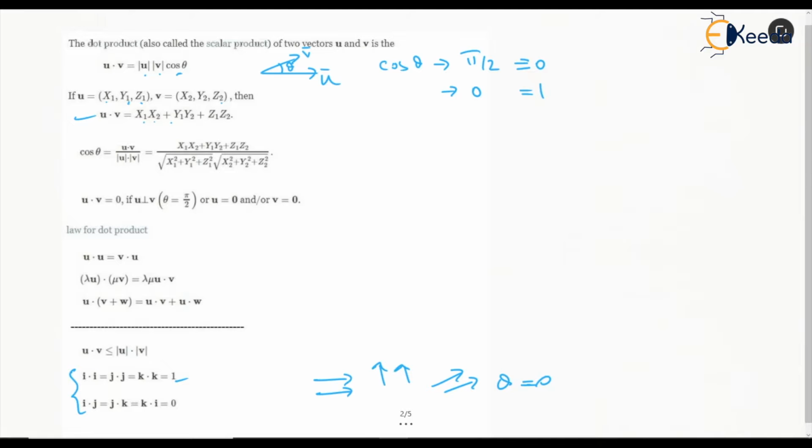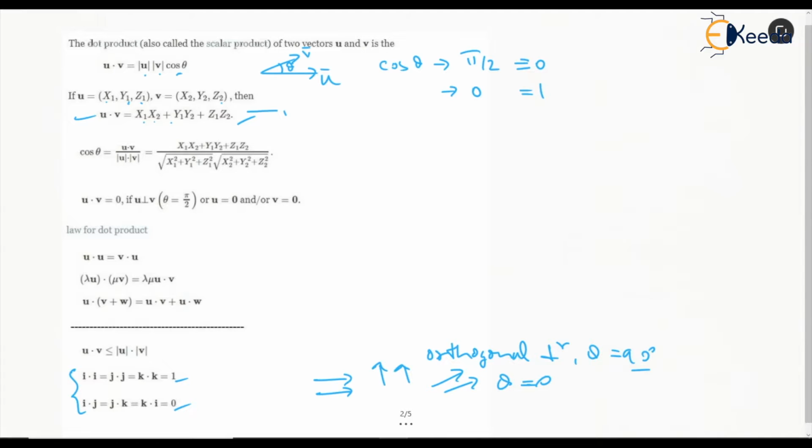Whereas i dot j, j dot k, k dot i are all orthogonal. So since they are orthogonal, they are perpendicular, theta is going to be 90 degrees, and in that case cos theta becomes 0, so the product is going to be 0. And that is how you can see that x1 x2, y1 y2 and z1 z2 is coming.